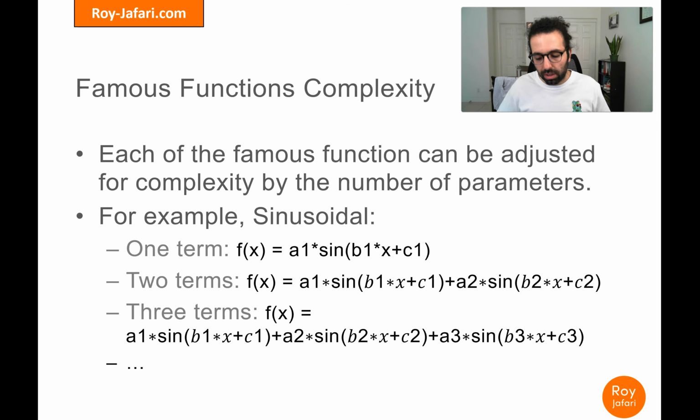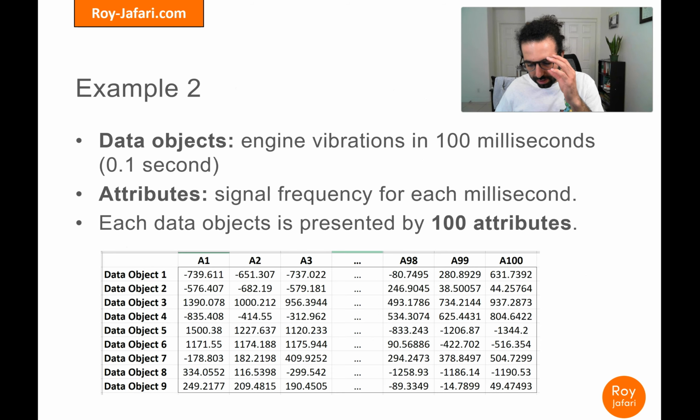To understand this better, let's look at this example. So we have here the 9 data objects. Each data object is presented with 100 attributes. Each of these attributes is a vibrational signal, and these 100 attributes together show 100 milliseconds, which is around 0.1 seconds of data.